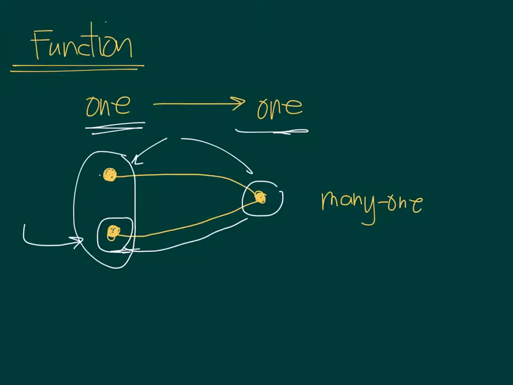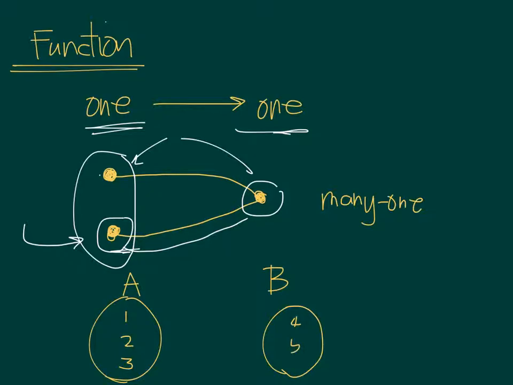Suppose I have this set A: 1, 2, and 3, and another set B with 4, 5, and 6. The pairing could be 1 going to 4.